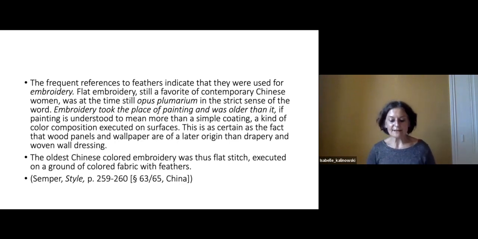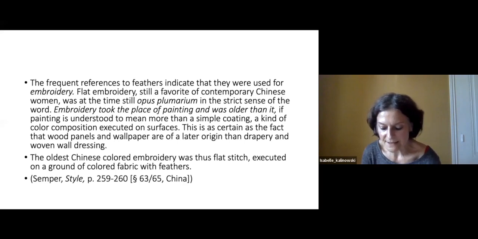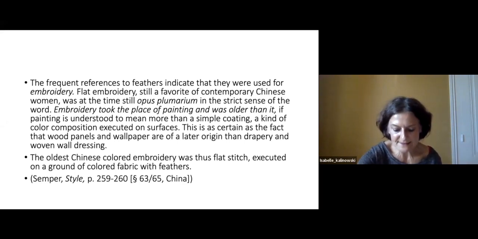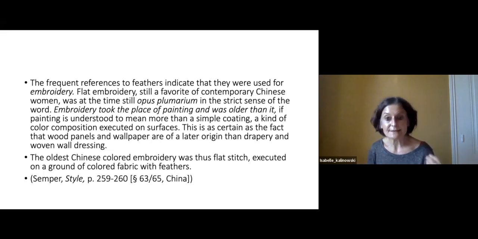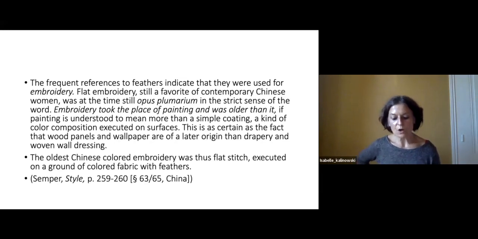Semper's argumentation on polychromy and its textile prototype doesn't lead him to assert that they both have a natural origin, but leads him rather to an anthropological conclusion.